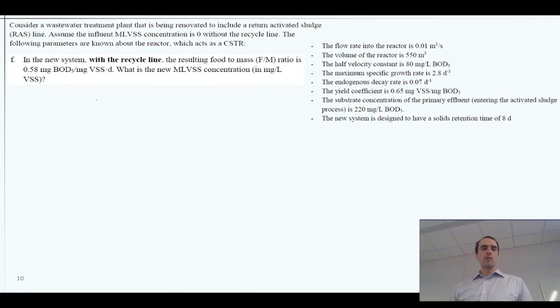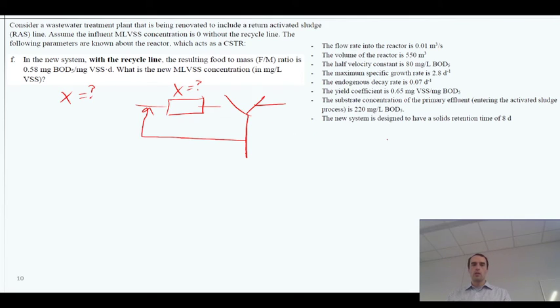So it's asking what is X in our system, and our system here is the recycle line system. We're looking for X. Take a minute to work on that.